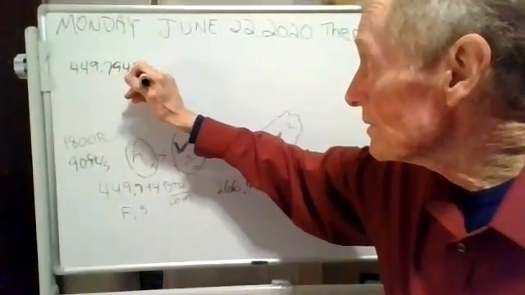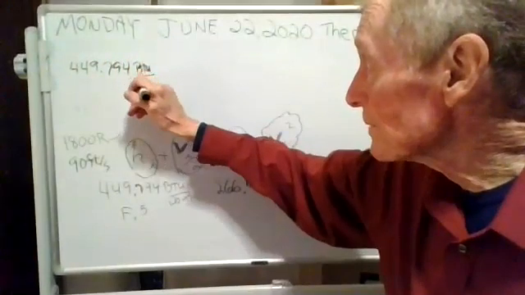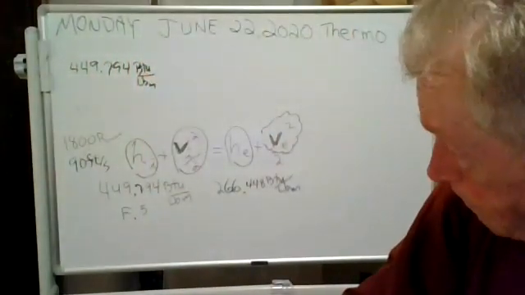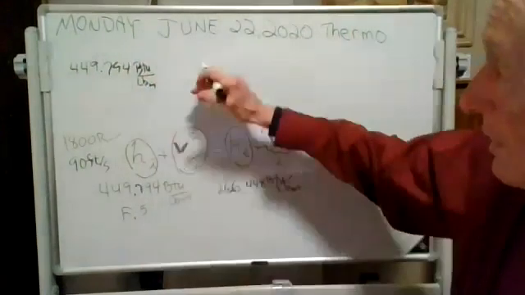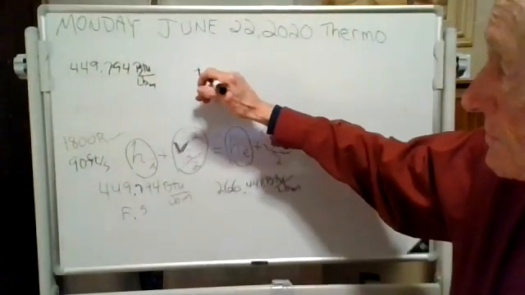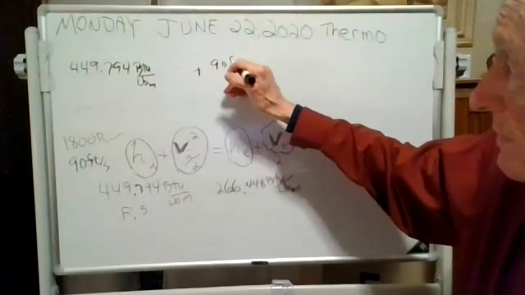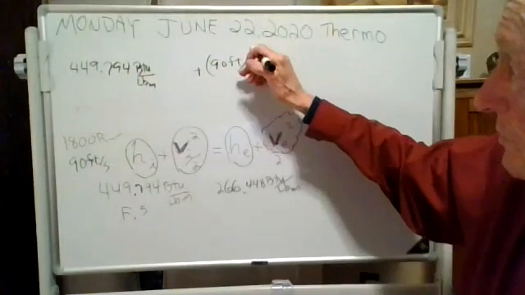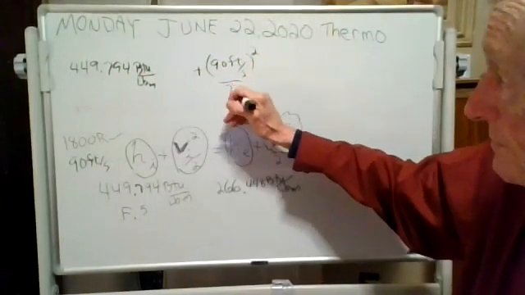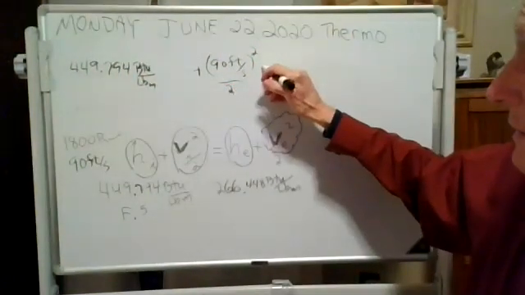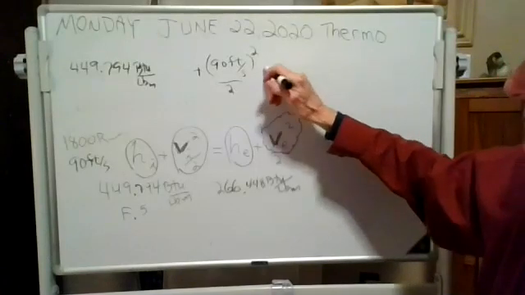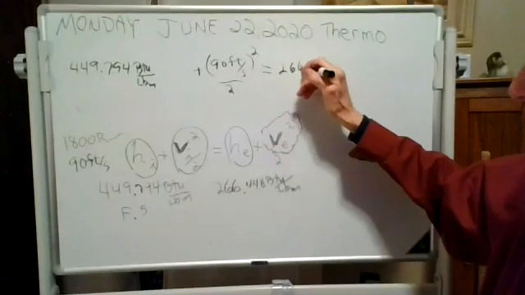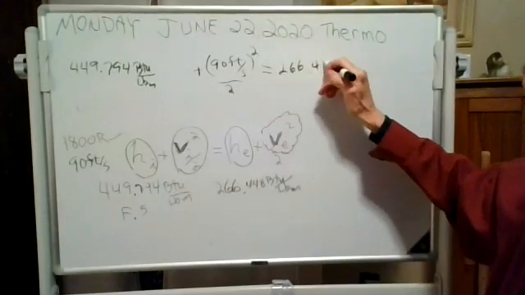449.794 BTUs per pound mass. Plus 90 feet per second squared over 2 equals 266,448.